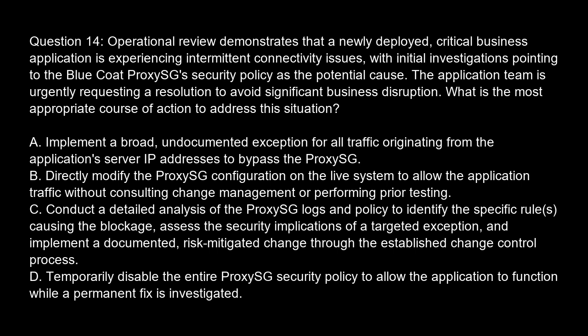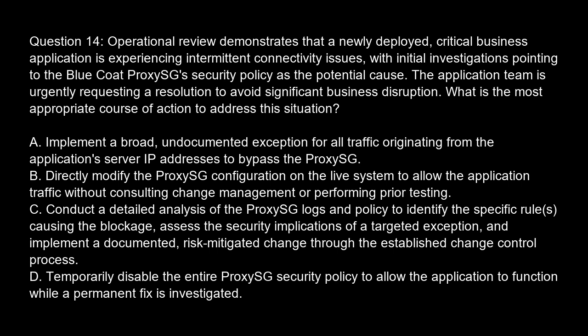Option A. Implement a broad, undocumented exception for all traffic originating from the application server IP addresses to bypass the ProxySG. Option B. Directly modify the ProxySG configuration on the live system to allow the application traffic without consulting change management or performing prior testing.